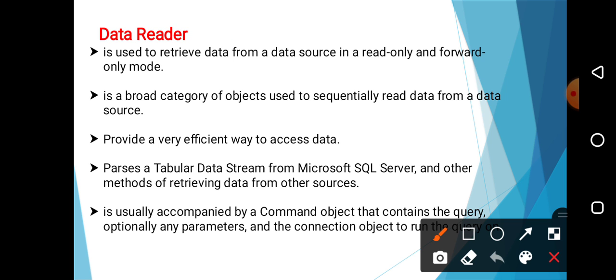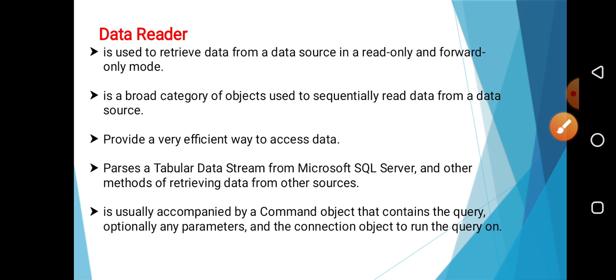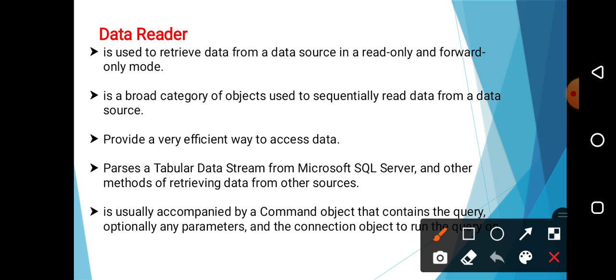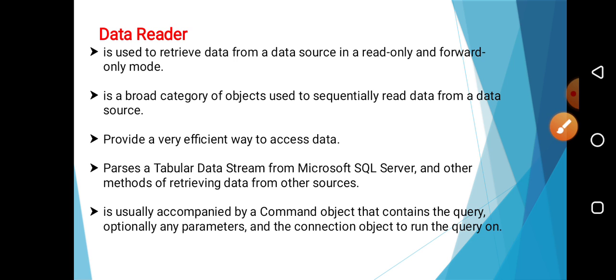So it is used for sequentially reading the data from the database, and it consists of different objects for reading the same. It provides a very efficient way to access the data. It parses the table data from SQL Server and other methods of retrieving the data from other sources.